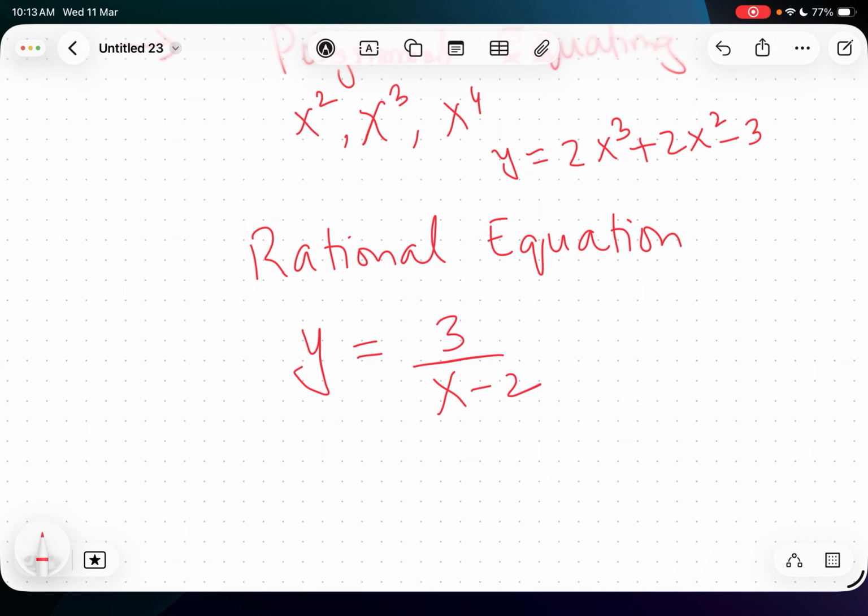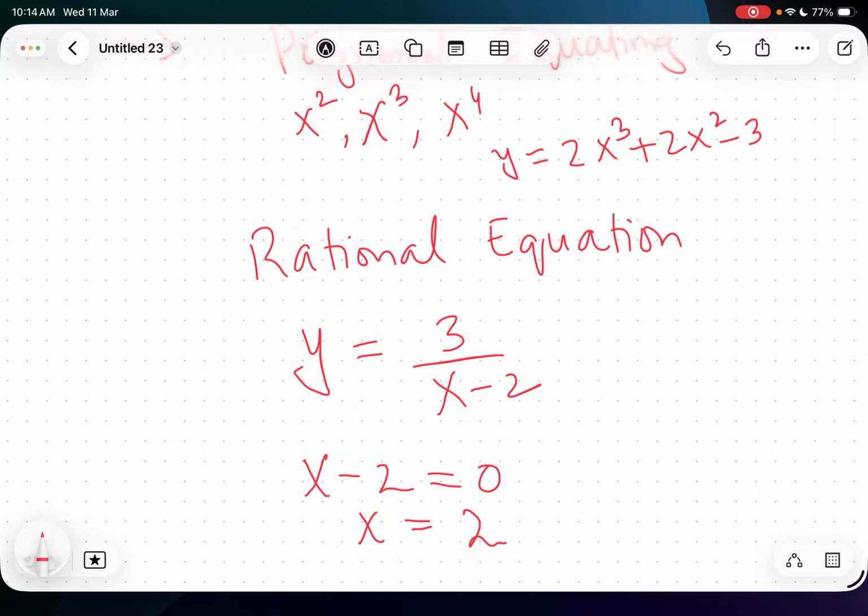This is an example of a rational equation. Now, just observe the denominator. You can see that the denominator is x minus 2. So for finding the asymptote, we are going to set x minus 2 equal to 0. So you can see that x is equal to 2.